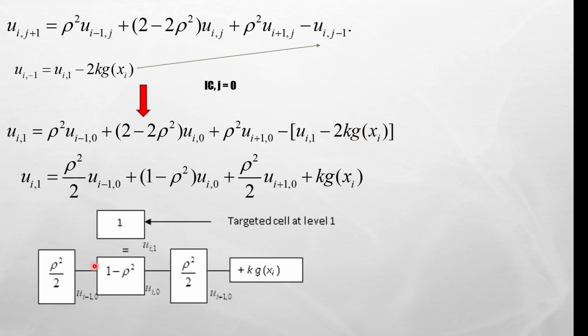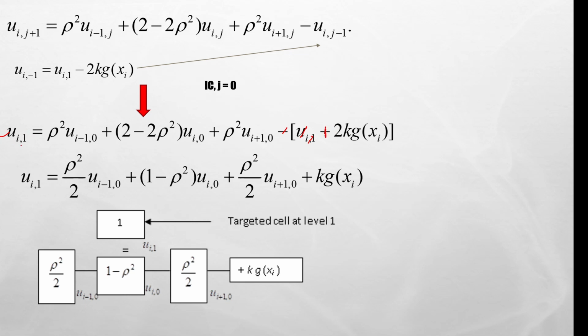After that, when you collect u_{i,1} to the left-hand side, in total you get 2 times u_{i,1}. This one minus u_{i,1}, you collect to the left side, total is 2 times. So negative negative, this term becomes positive.